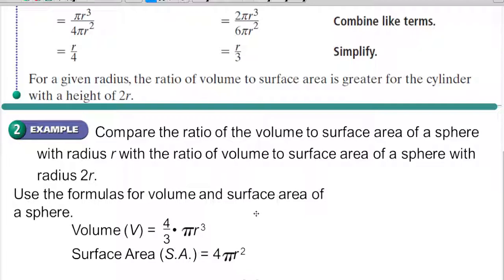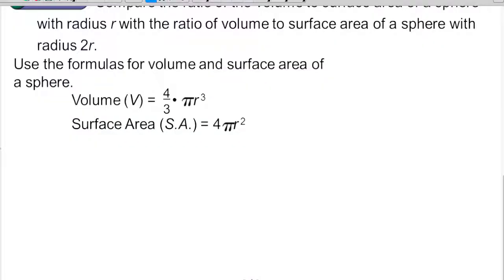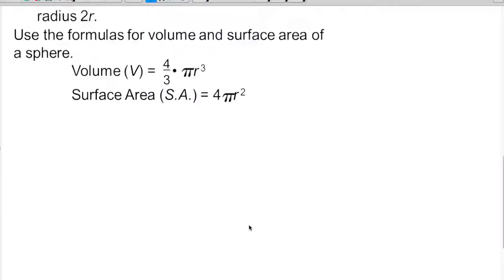Okay, all right, so now compare the ratio of the volume to surface area of a sphere with radius r with the ratio of volume to surface area of a sphere with radius 2r. And they are giving us the formulas, right?